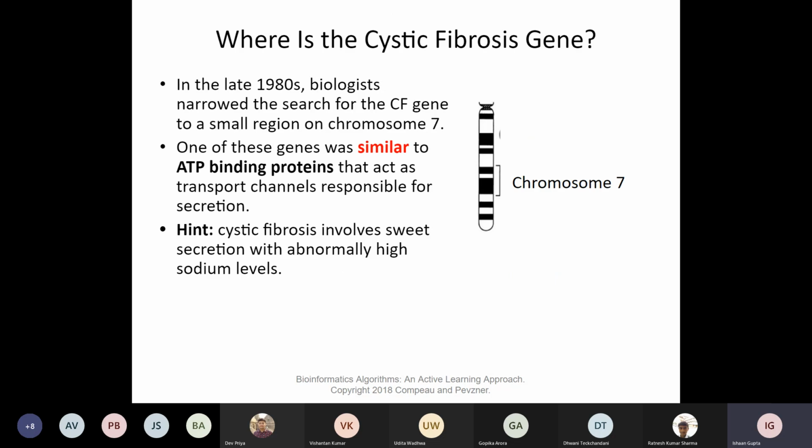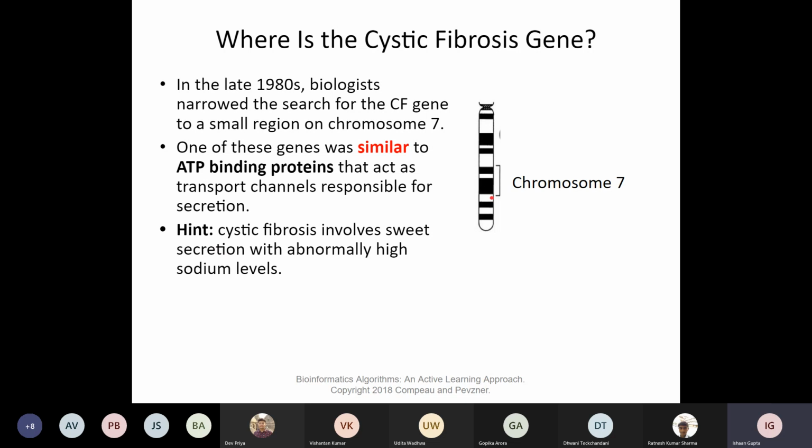When researchers were looking for the cystic fibrosis gene in the 1980s, they narrowed down that there were mutations in the genome of people with cystic fibrosis on chromosome 7. They looked at what genes lie on chromosome 7, and found a lot of similar genes, a lot of ATP binding proteins, in this region.